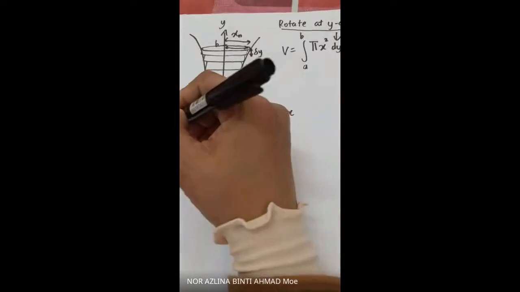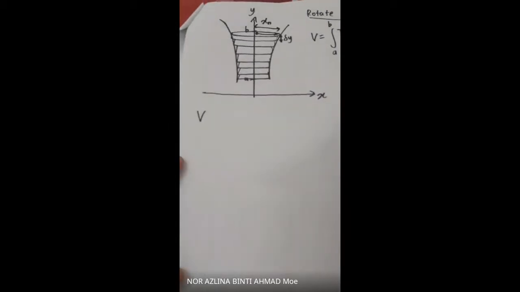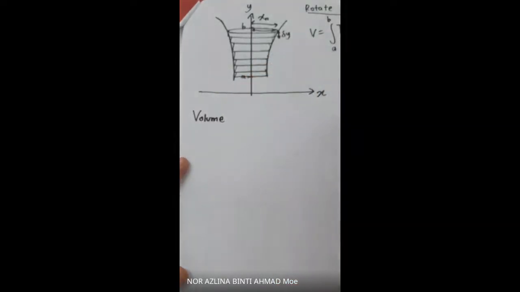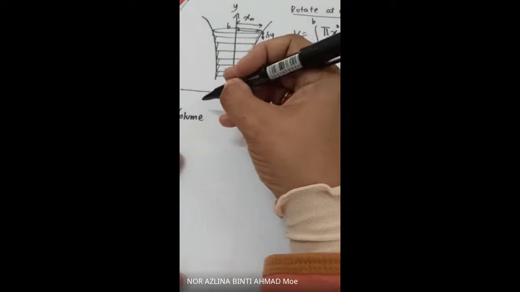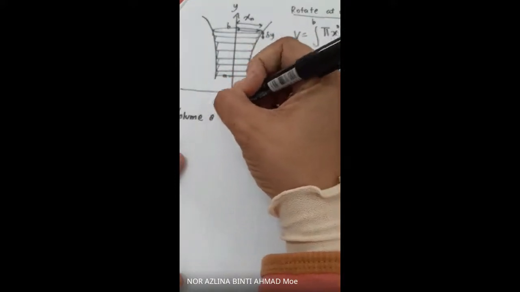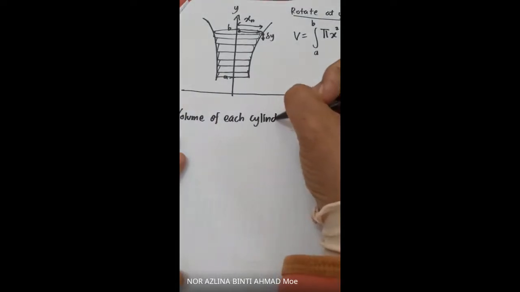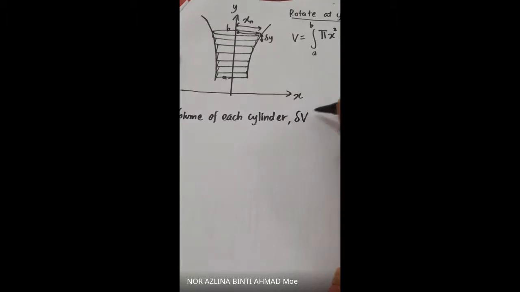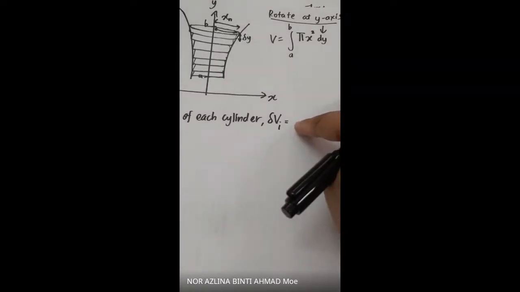So, volume, nampak macam complicated kan? Tak payahlah ingat ni, tapi memang ditanya. Volume of each cylinder, untuk satu cylinder. Delta Vi, sebab kita tak tahu yang mana. Ini dalam secara general.